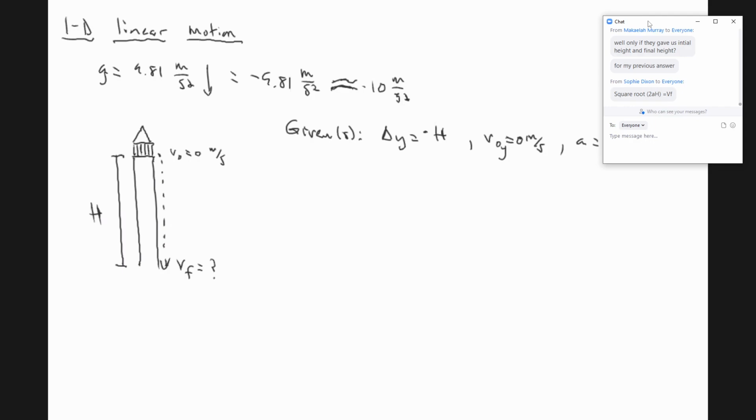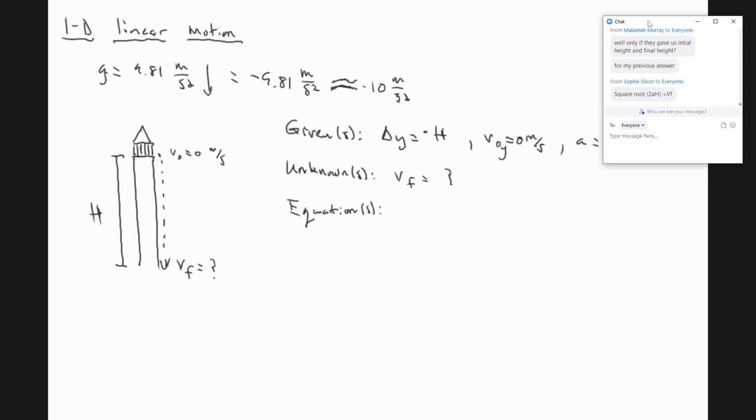Those are our givens. Let's look down at our unknowns. That's final velocity. Let's find an equation or equations that can solve this, preferably one, because you're always on a time limit with regards to physics.